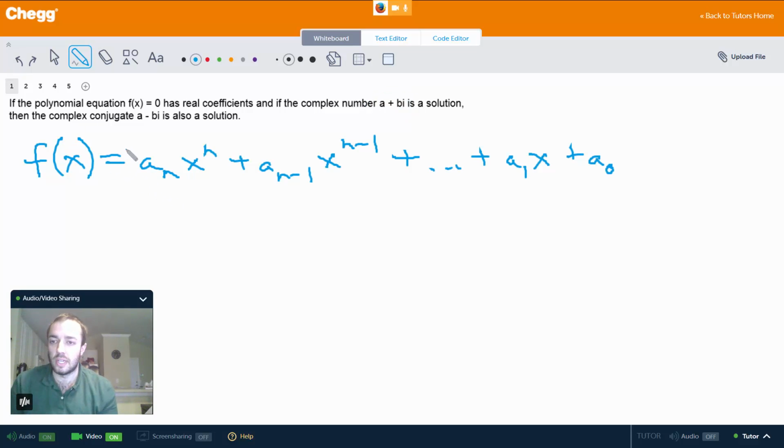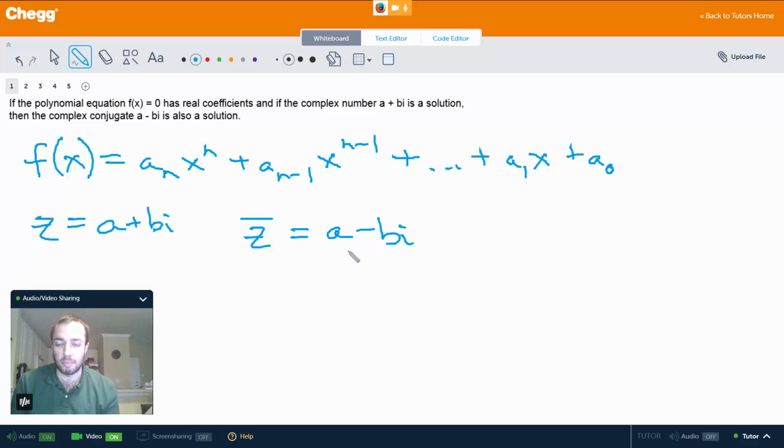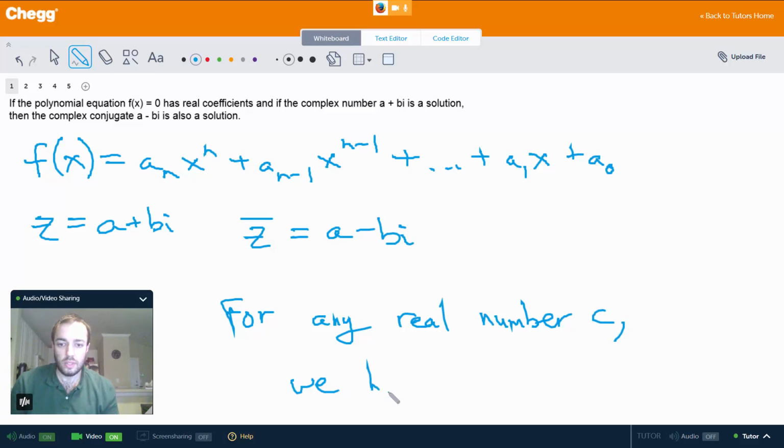Well, first let's review some notation about conjugates. So remember, we have a complex number z equals a plus bi. Then the conjugate is denoted z bar equals a minus bi. So you just change the sign on the imaginary part, okay? Now for any real number, I'll call it c, we have c bar equals c.